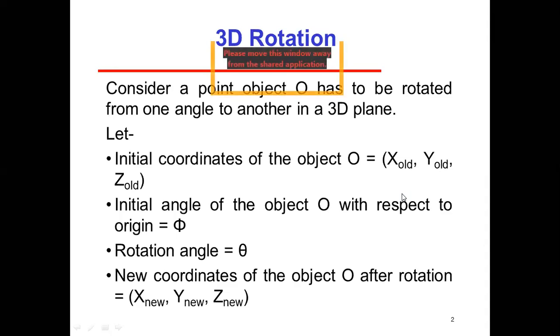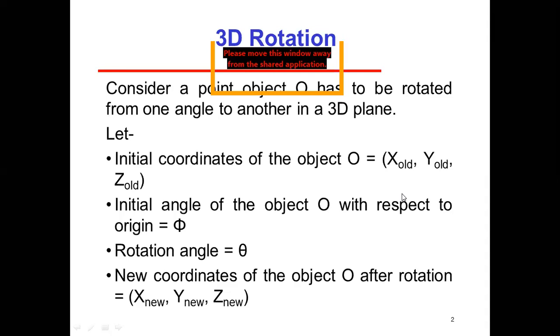Another thing is the initial angle of the object with respect to the origin is phi. So this is the initial angle of the object O with respect to the origin. Even though we are not going to consider this angle, we will emphasize the angle of rotation. So here the rotation angle is theta. We will consider only the rotation angle equal to theta, because we are going to rotate our object either about the x-axis or y-axis or z-axis by an angle called theta.